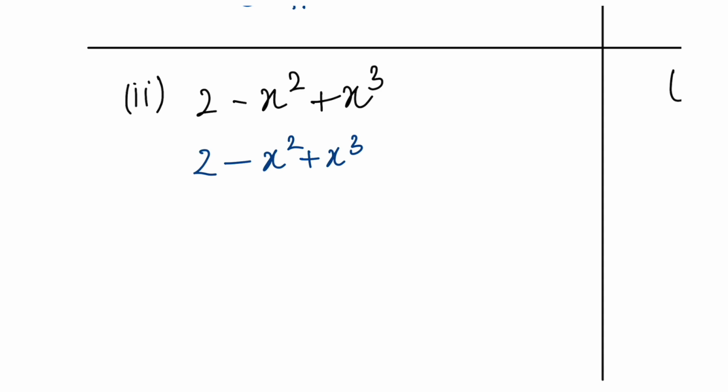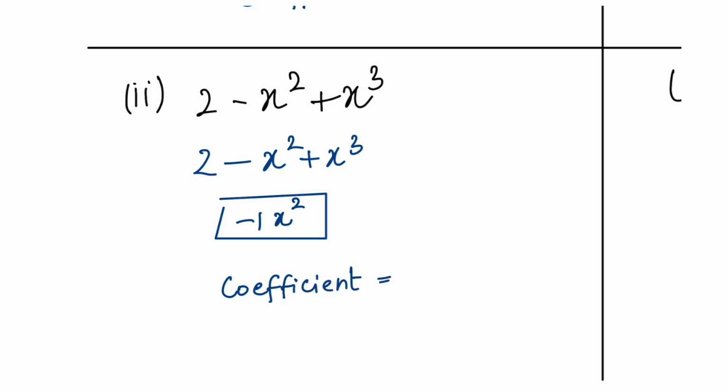So the x squared term is actually minus 1x squared. It's not x squared, it's minus x squared. So the coefficient here is minus 1. Okay, so because it is a negative term, minus x squared, the coefficient is minus 1.